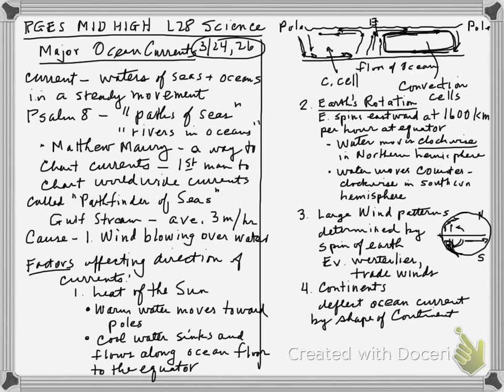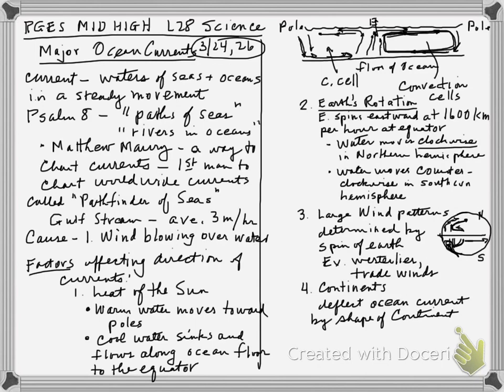Well, it's deflected, and it will move this way. Likewise, in the northern hemisphere, this current is moving this way, hits the continent, and it's deflected. Here's where the Gulf Stream comes over and hits the coast of America, and it's deflected across.